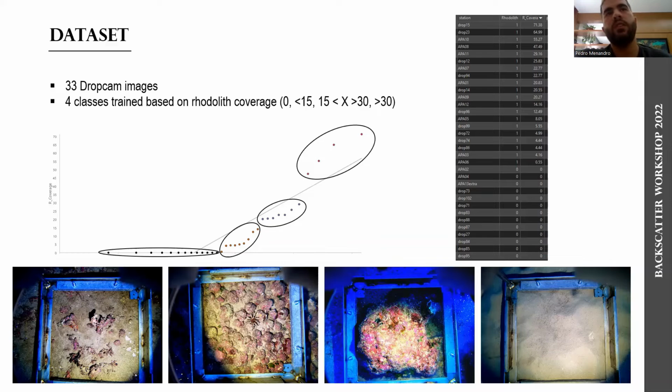So no rhodolith, lower than 15%, between 15 and 30, and more than 30% of rhodolith coverage. This rhodolith coverage was calculated in ImageJ. And above on the slide, some of the examples, many rhodoliths in this area, which is an MPA region, with many rhodoliths.